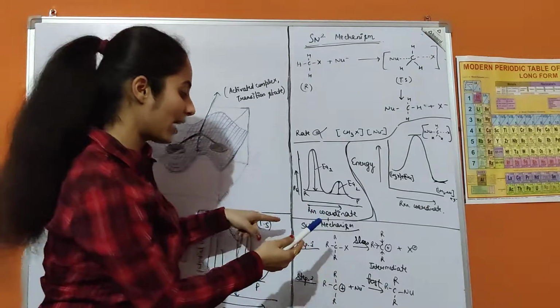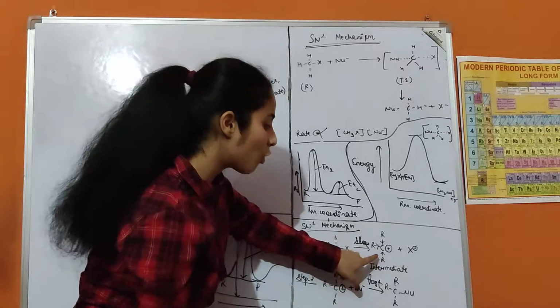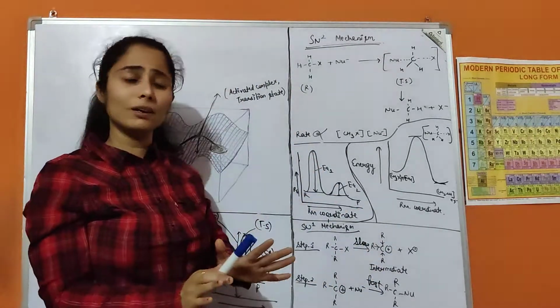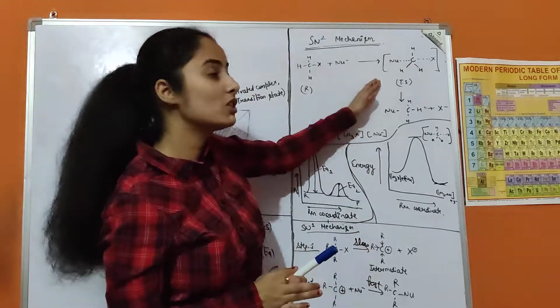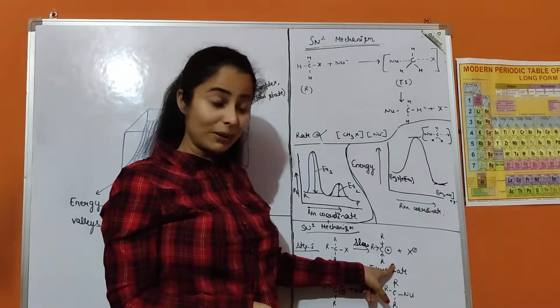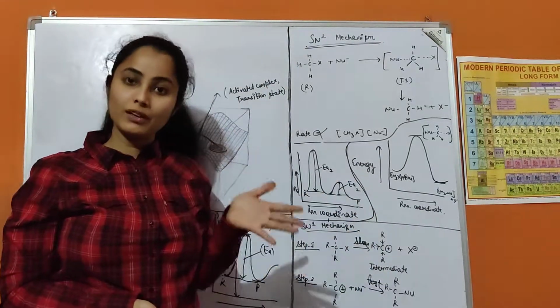On the other hand, in the SN1 mechanism there is formation of an intermediate, which is much more stable in comparison to this transition state, because here the positive charge is being stabilized by these 3 alkyl groups through the inductive effect.